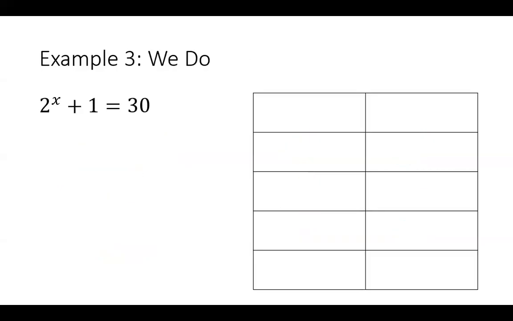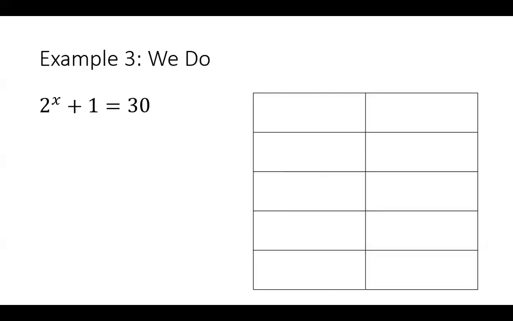So in our third box, we have 2 to the x plus 1 equals 30. Okay, what did we make note of? When I first heard you keep this in mind, this only works if what? Nobody remember?